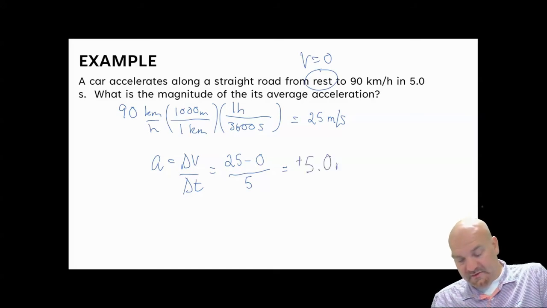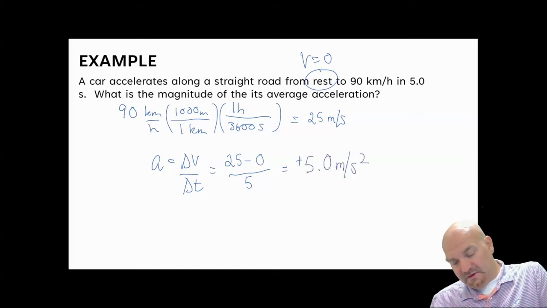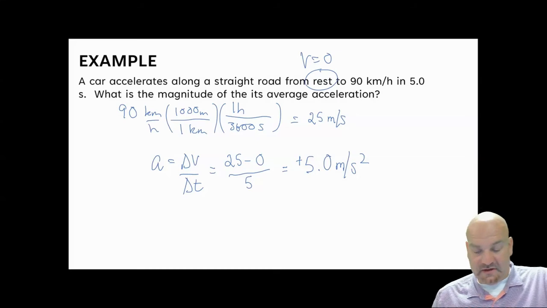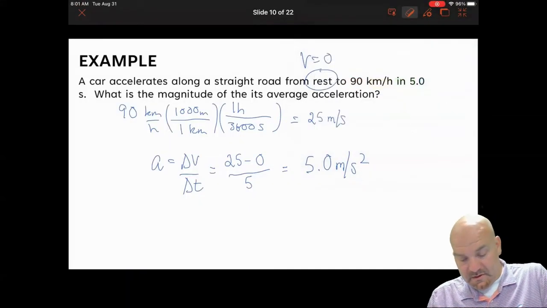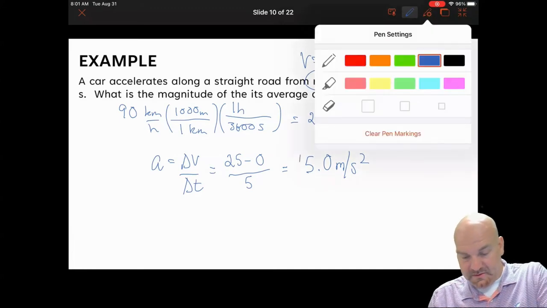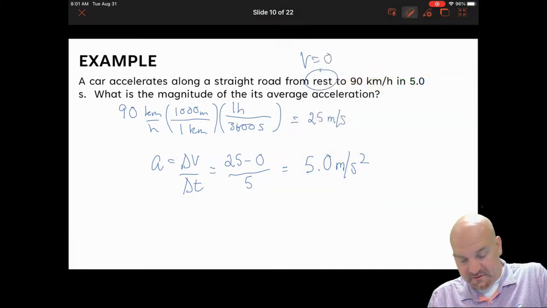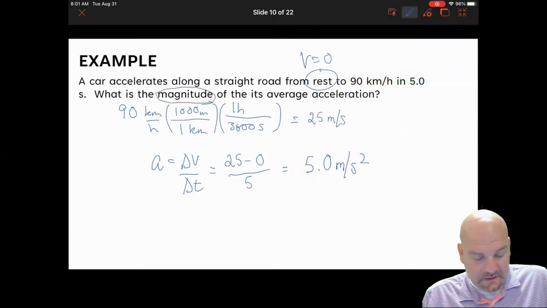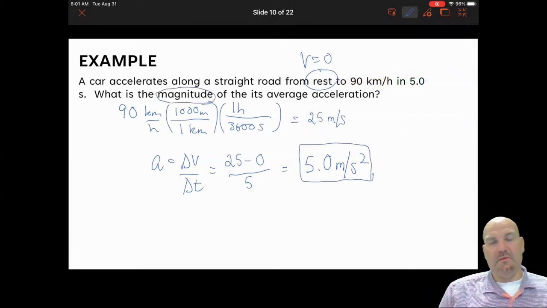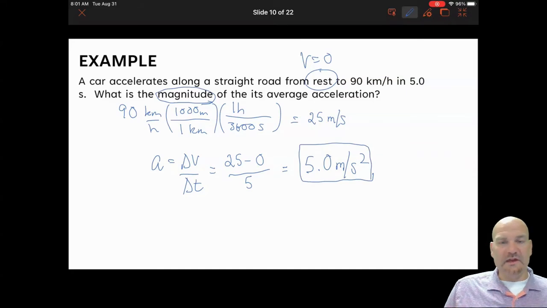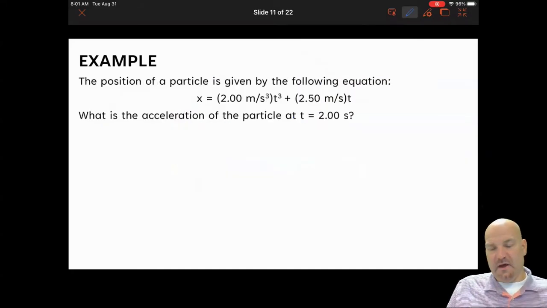And so it's going to be 5.0 meters per second squared. We don't have to put the positive, because it's just looking for the magnitude. When we just say magnitude, our answer is just the number. So that's an average acceleration problem.